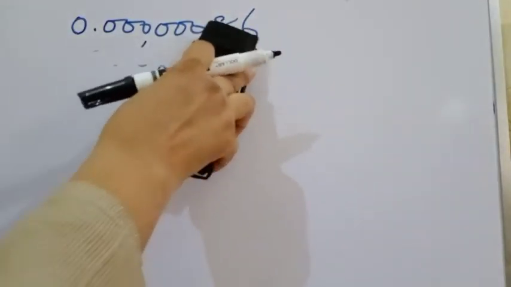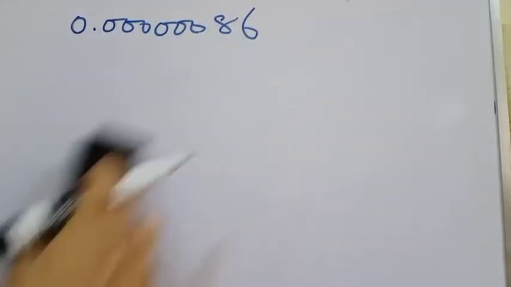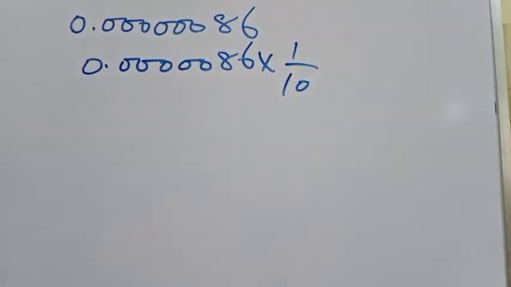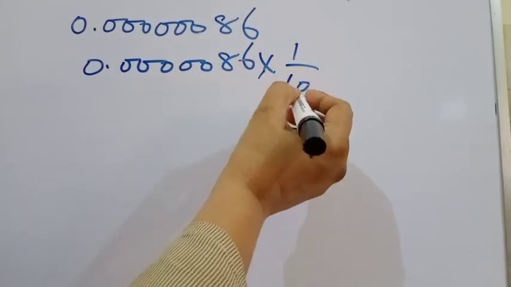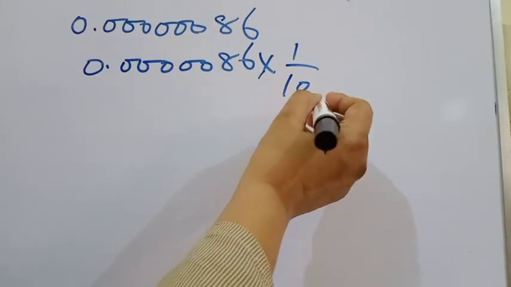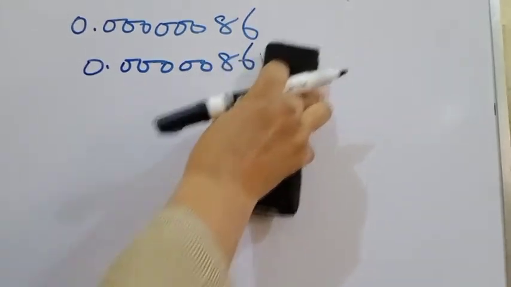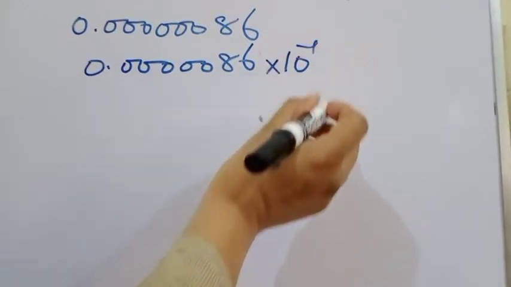Now, 0.00086 is multiplied by 1 by 10. We can write 1 by 10 as 10 raised to the power minus 1. So we write here multiplied by 10 raised to the power minus 1.